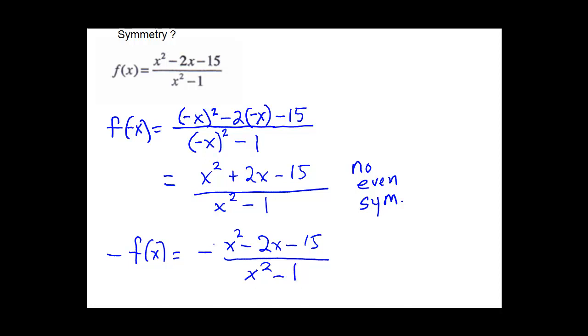So if it distributed through the numerator, you would have negative x squared. Okay, that is not the same as this, so that is out. If we distributed it through the denominator, it would be negative x squared, and so that is out. So there is no odd symmetry. So the answer to our first question is there is no symmetry.